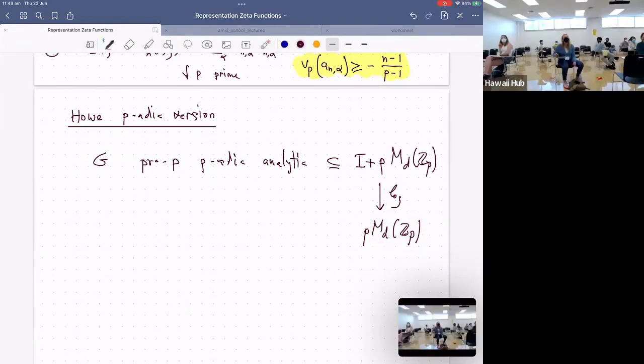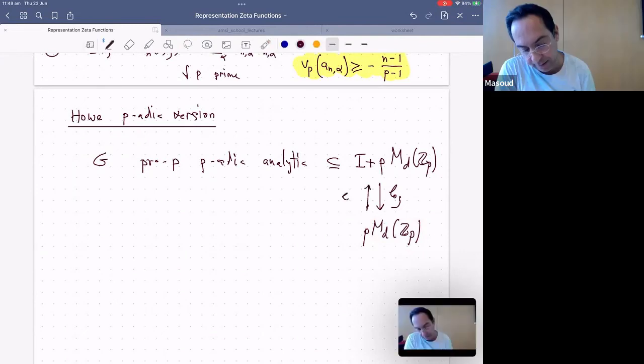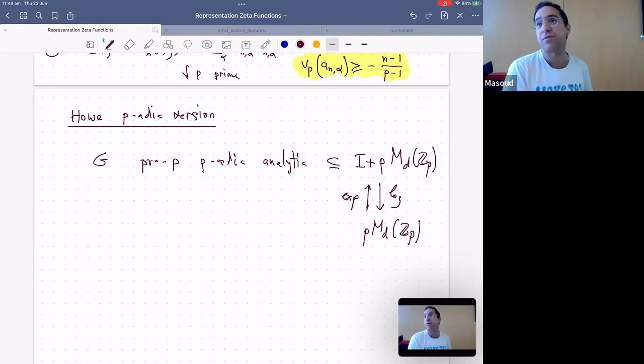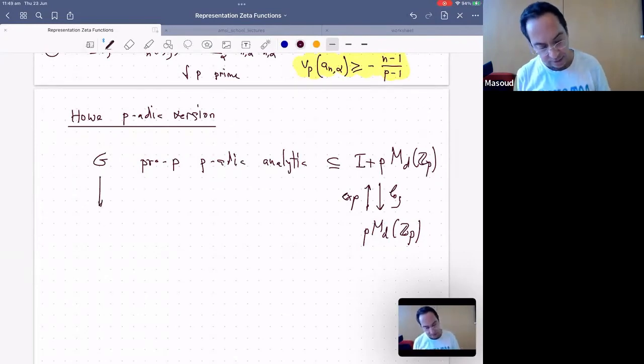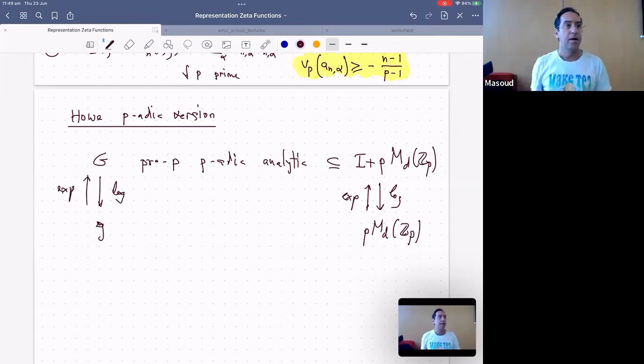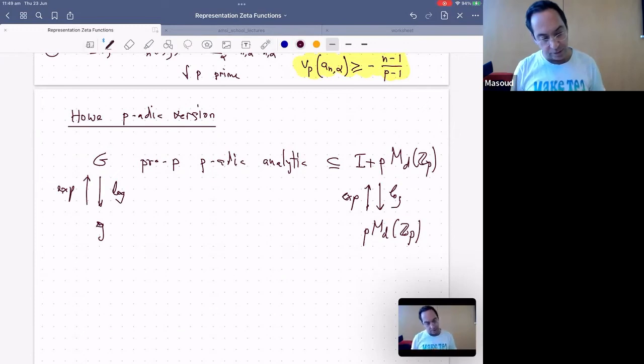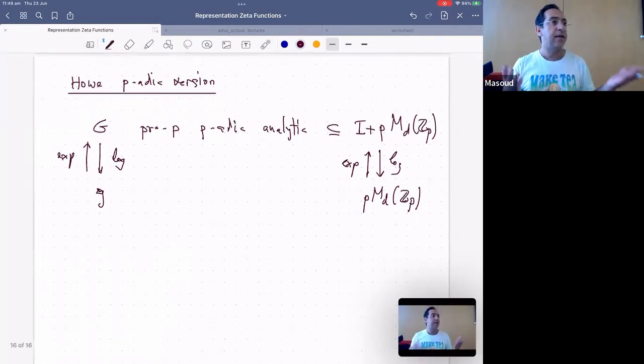And the log and the exponent must now be inverses of each other, because as power series they are. And now you can define a Lie algebra by taking the log map and the exponential map here. And now you can just start and play the game.